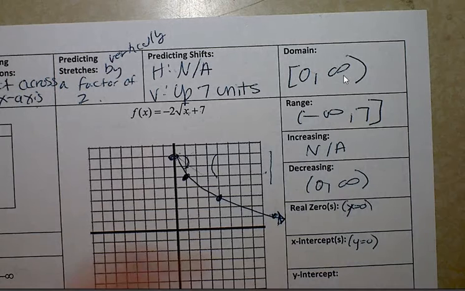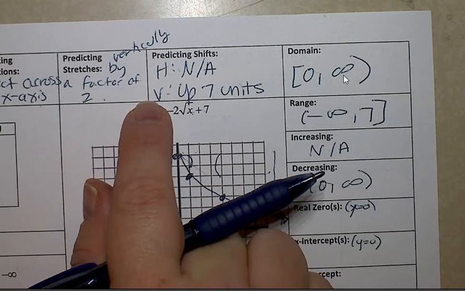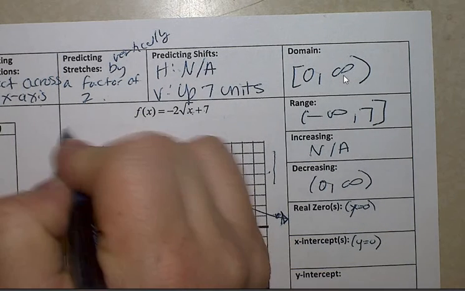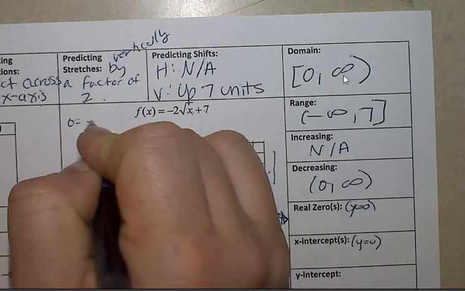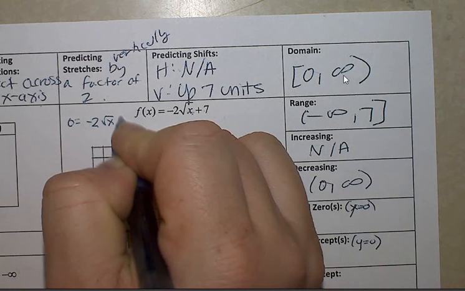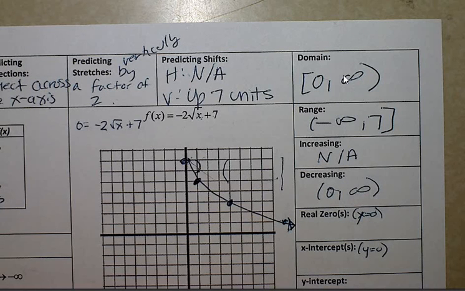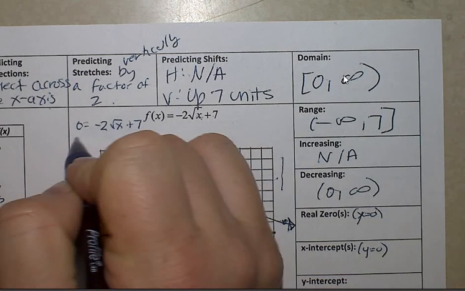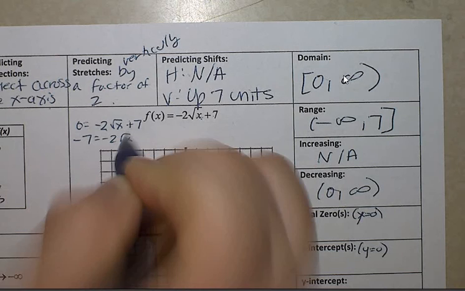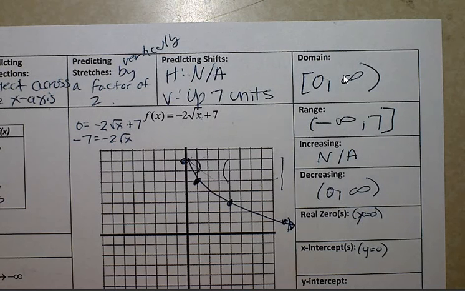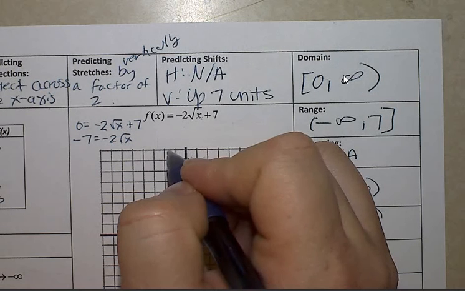So I'm going to do a little mental math here, and then I'll show you how we can do it on the calculator to check. So let's put this y equal to 0. So 0 equals -2 times the square root of x plus 7. What's my first step? Subtract 7. What's the next step? I think I heard different things. What is it?